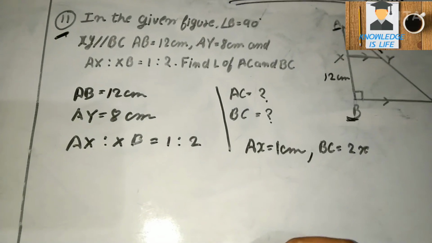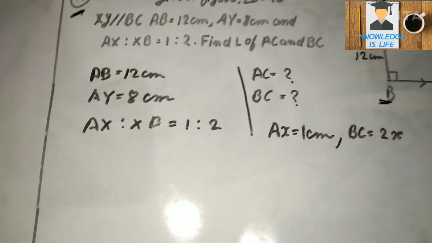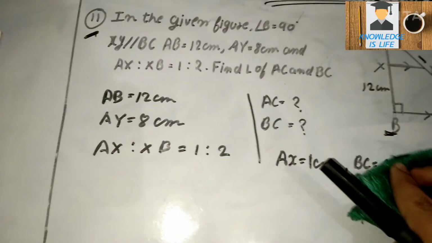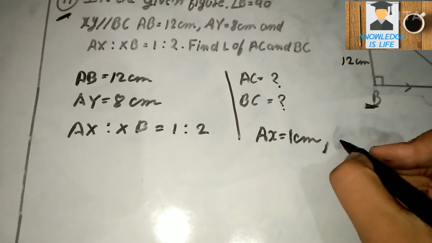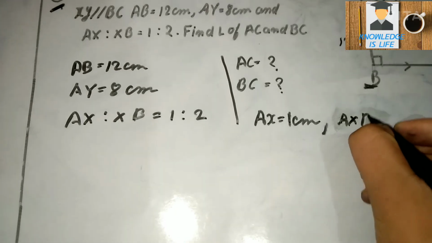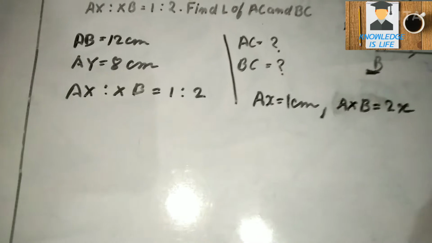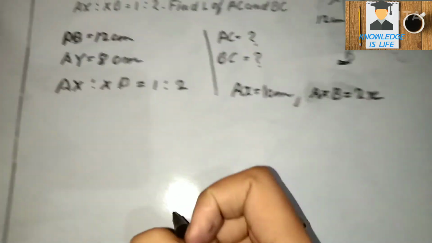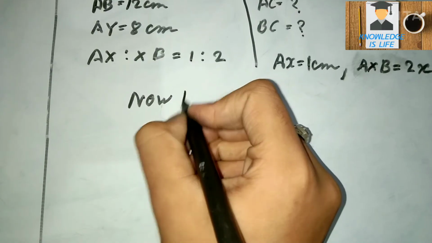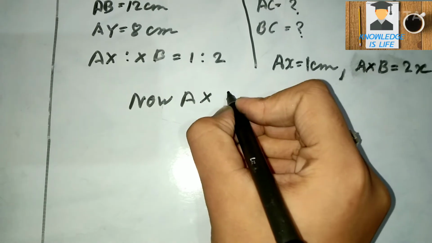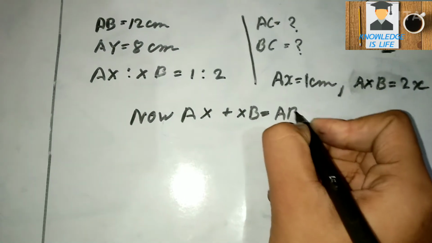Okay, sorry, we have to correct one thing here. Wait, we will write XB equals 2x. Yes, this is right. Okay, so now AX plus XB equals AB.